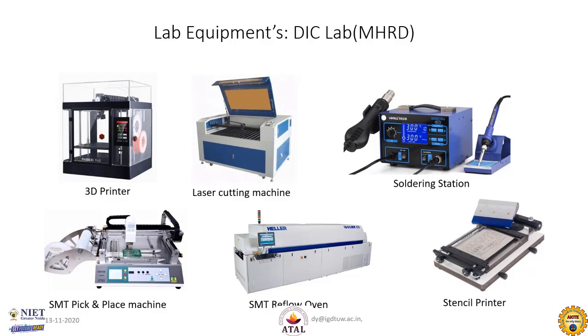So therefore, I may be starting with PCB design, then PCB manufacturing, then I need to do the pick and place, reflow oven, stencil printing, and then finally I might be using laser cutting or 3D printing for showcasing the end user products, the way it should feel, giving aesthetics and color to the product, so that when I design it, it should feel that this is an industry driven kind of project.